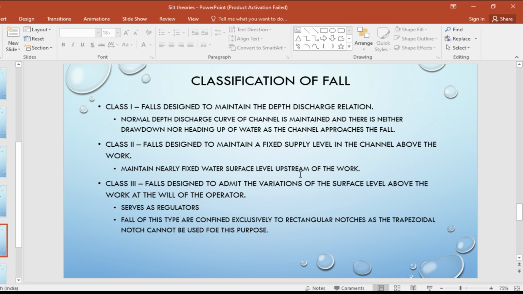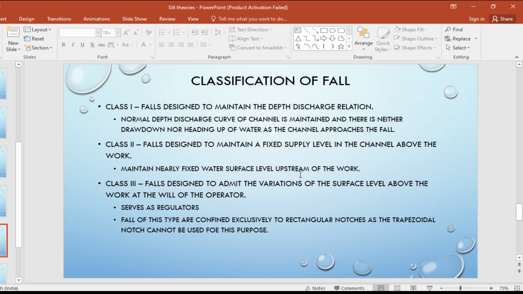The principal types of fall under this class 2 are siphon fall or siphon spillways, and high crested weir fall. Two types. The falls under this category suffer from the defect of silting caused in the channel above the work.